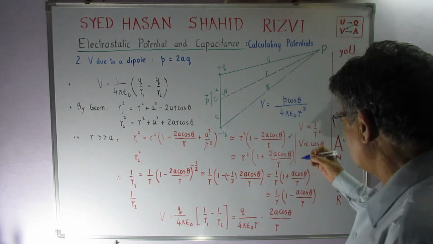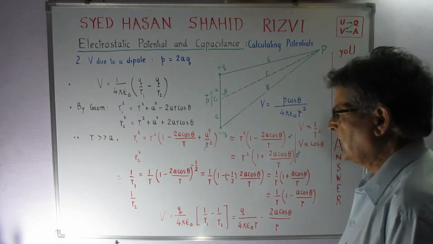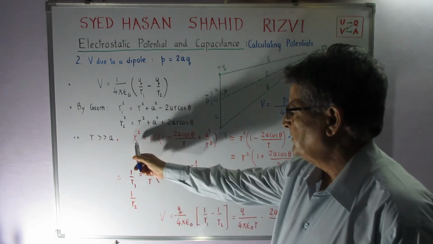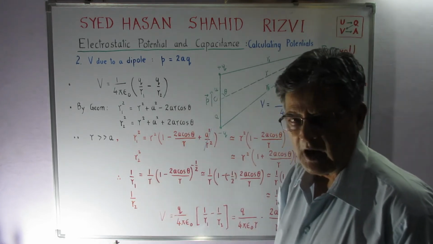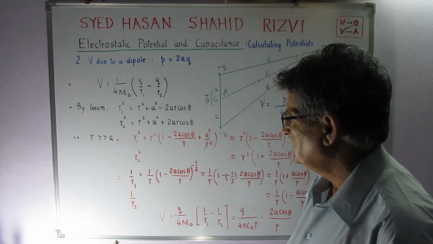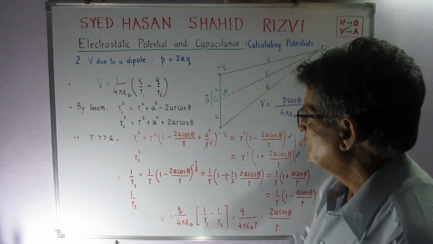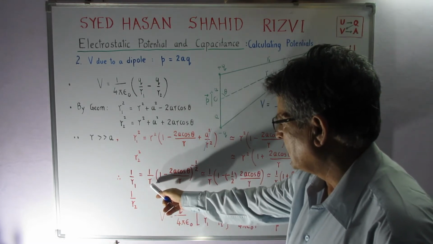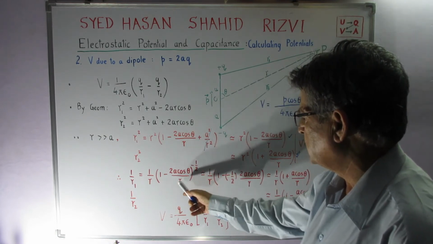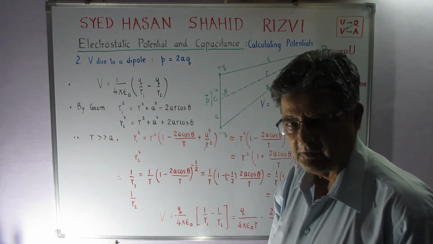Nothing difficult in that. Now we need from this to find the value of 1 upon r1. So I reverse that and take the root. For 1 upon r1 I will get 1 upon r, and for this part I will get 1 minus 2a cos theta divided by r raised to the power of minus half.